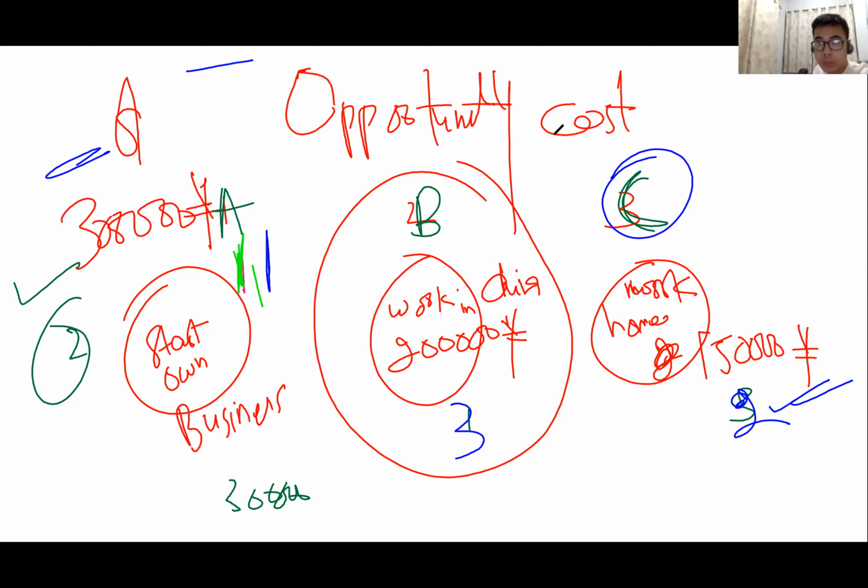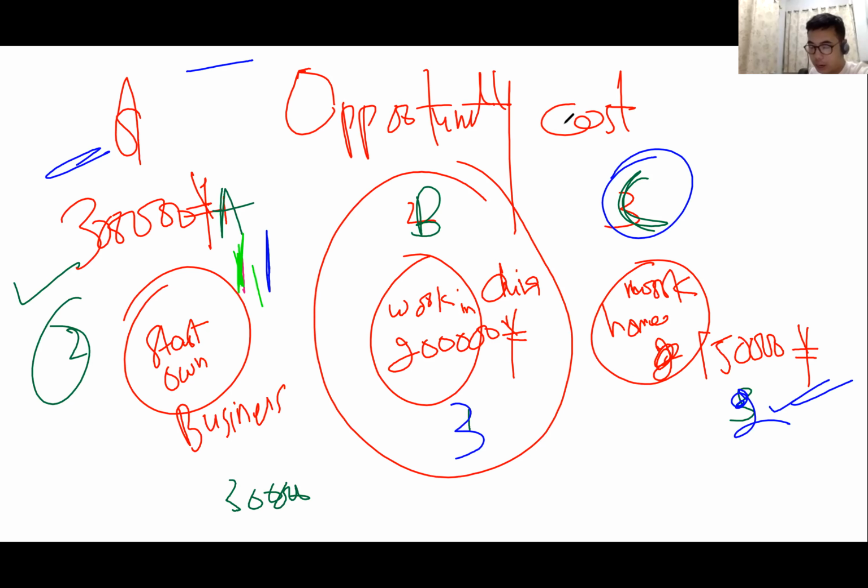If you choose A, you lose C because C is the next best option according to my priority list of alternatives. So only one opportunity is lost, not opportunities, opportunity. The next best alternative that you lose is called opportunity cost.